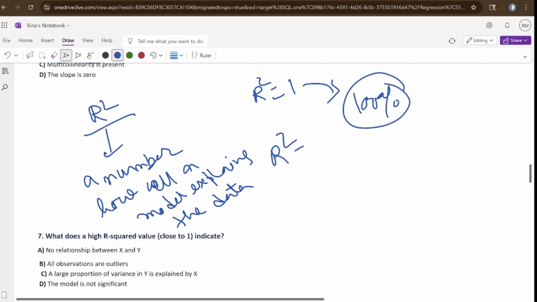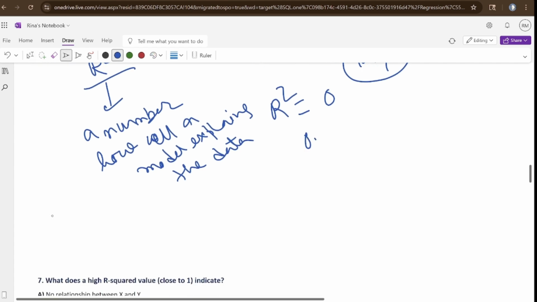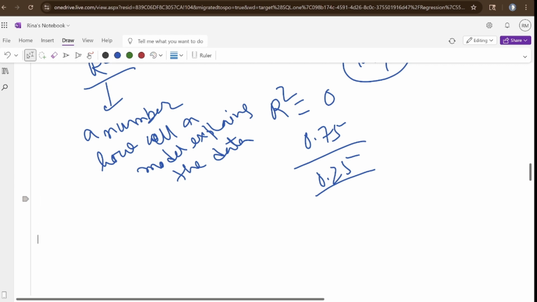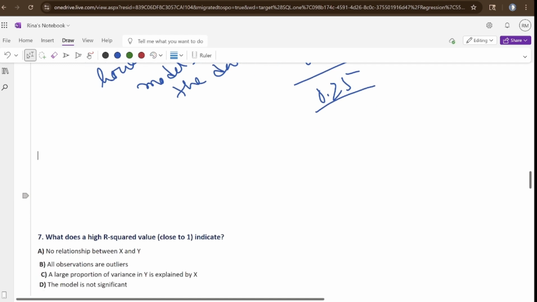But if the R square is 0, that means the model explains none of the variation. Okay. But if it is between 0 to 1, 0.75, that means the model explains 75% of the variation. 0.25, the model explains 25% of the variation. Okay. So R square is a number that will help you to say how well a model explains the data. Okay. And there is a formula to calculate it. Now the question is, then why adjusted R square?